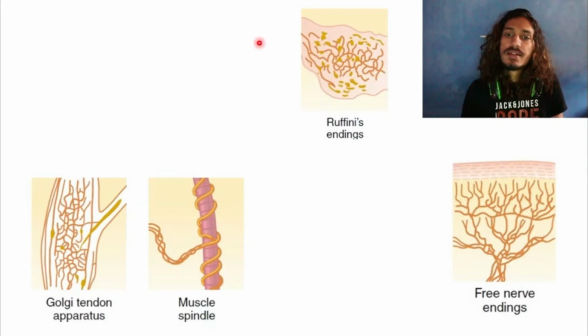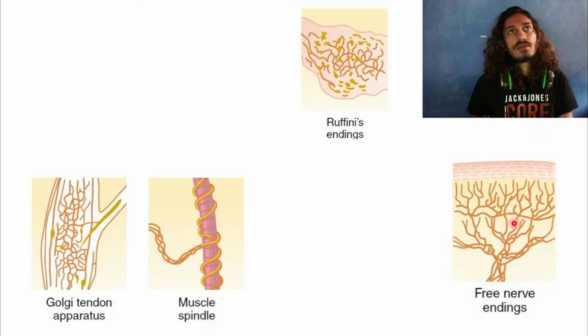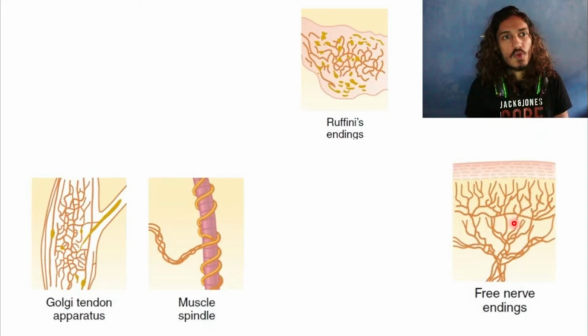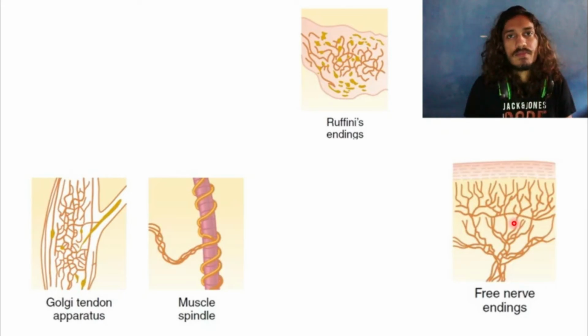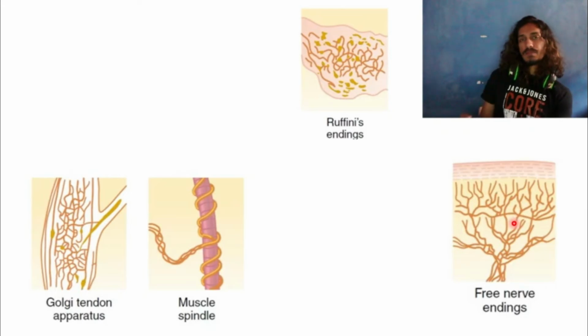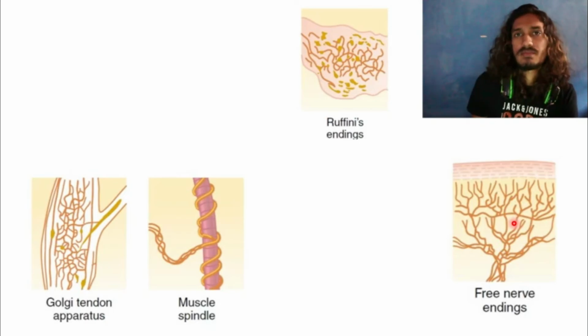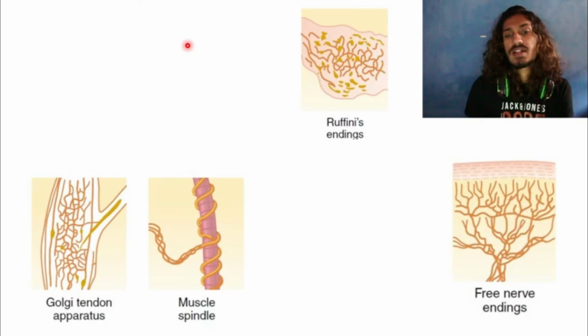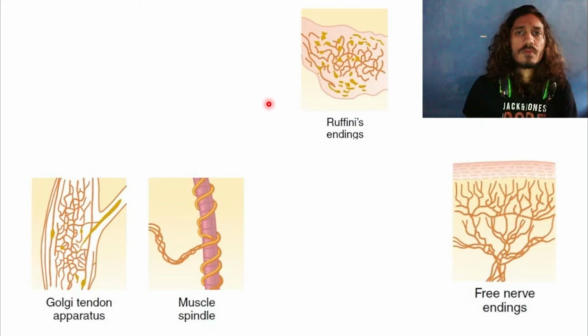So these are all involved in your proprioception. The free nerve endings also detect touch to some extent, a more crude touch. That is something you have to remember, and these are also involved in some sort of proprioception. So we have all these things which are involved in proprioception in your body.